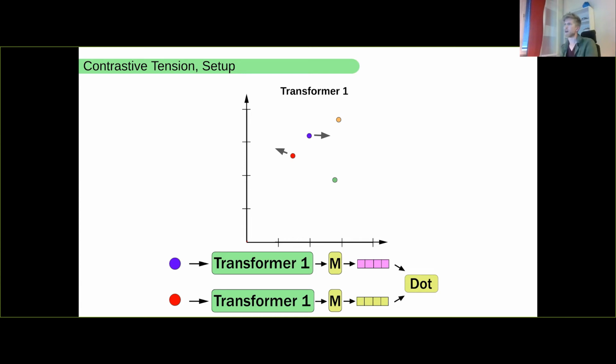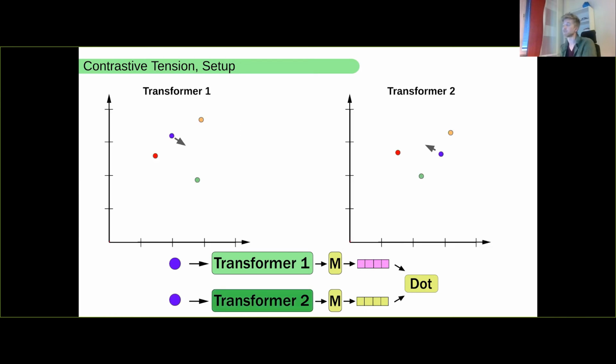What kind of works here, or at least I'll be honest, this is only our intuition of why it works, is that when we have two identical sentences but two embedding spaces, we incentivize the model to not go too far away from where it was before. So we're thinking of this as a tension between remaining in our previous embedding position while dissipating different sentences. We have tried only fixing one of the transformers to work as an anchor, but that did not end up working as well at all.